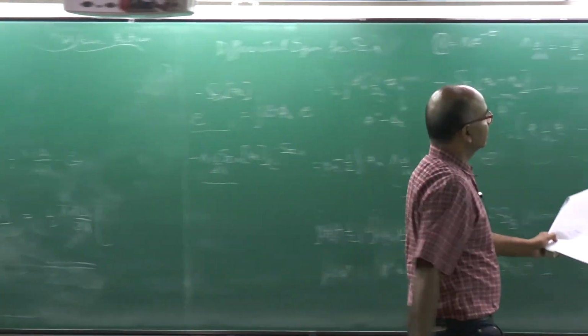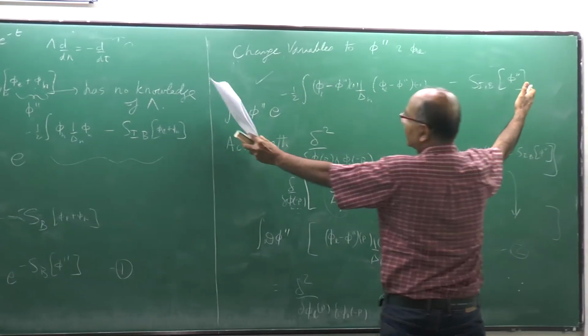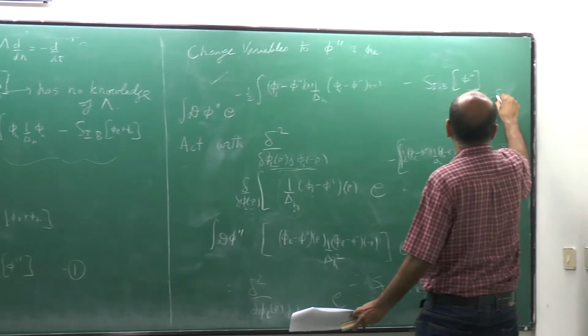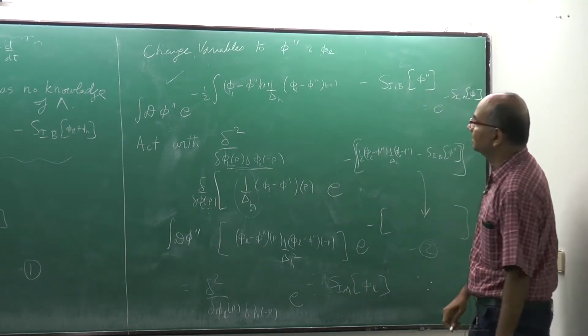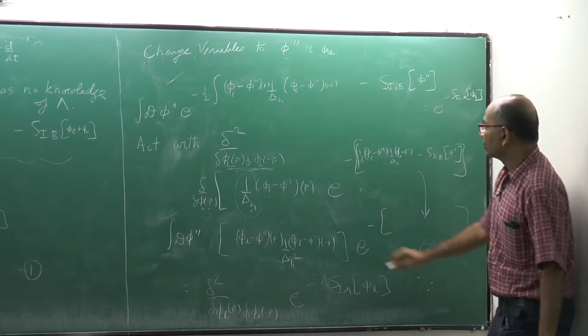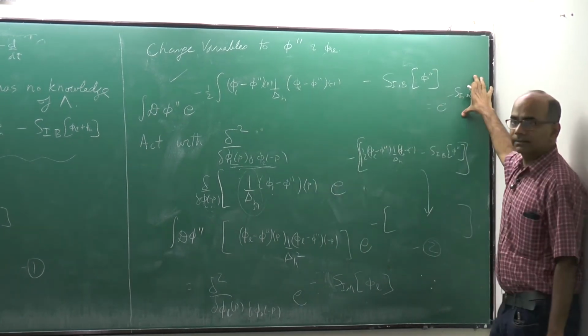So this whole thing, after doing the integral, is just e to the power of minus psi lambda. That is the definition. Okay. Fine. So you're actually operating on that.